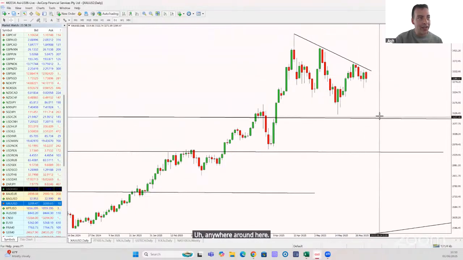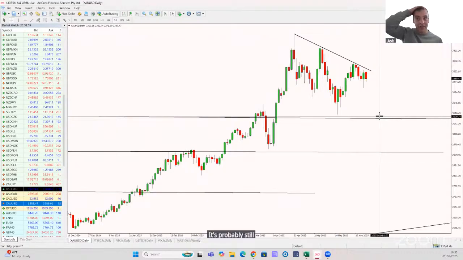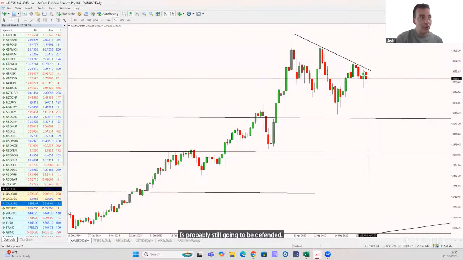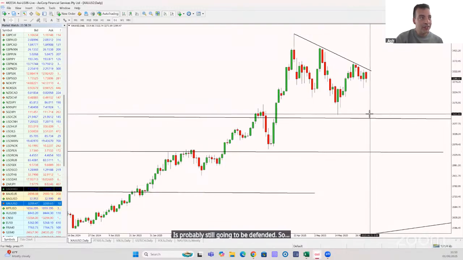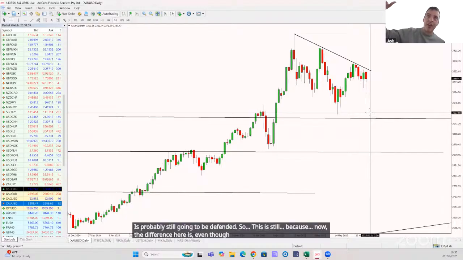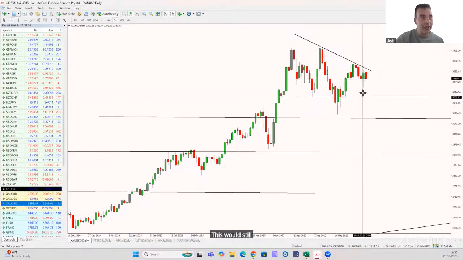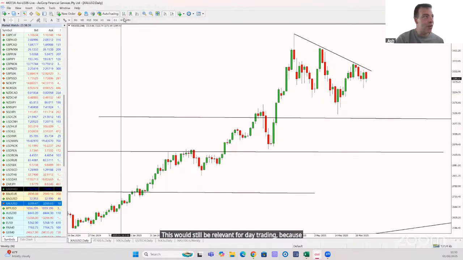And a drift to the downside is probably still going to be defended. So the difference here is, even though we see that trend in gold to the upside and lovely for intraday positions and day trading, this would still be relevant for day trading because the trend is so strong.